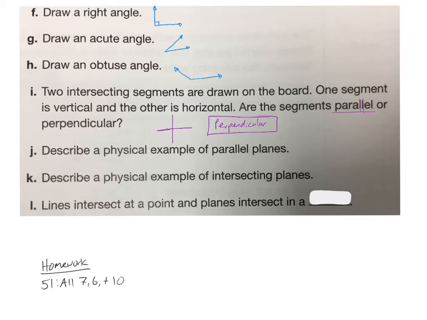All right. J says describe a physical example of parallel lines. Well, I think I just said one. Maybe train tracks. Train tracks are an example of parallel lines because each side of those never cross each other.